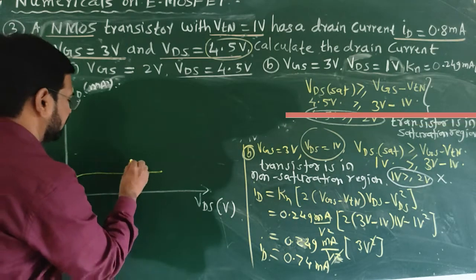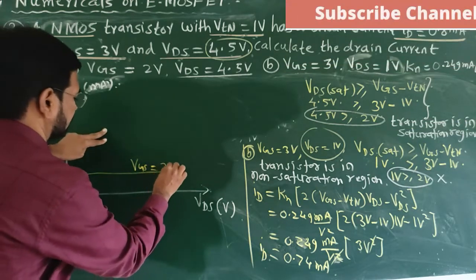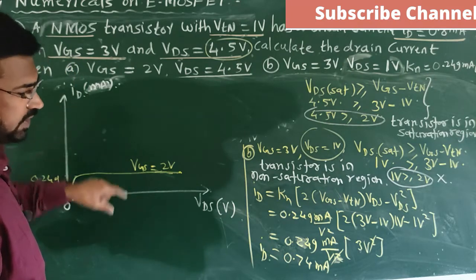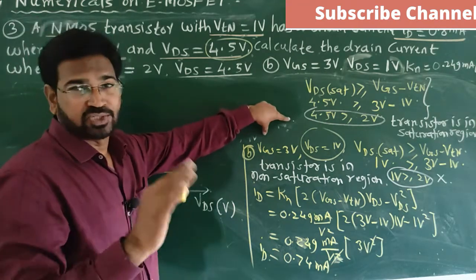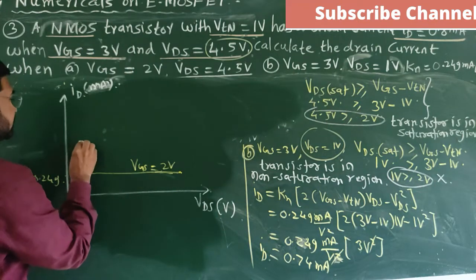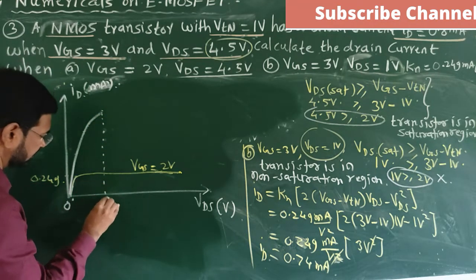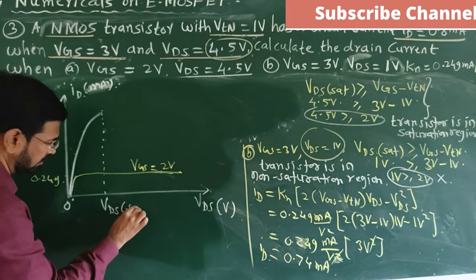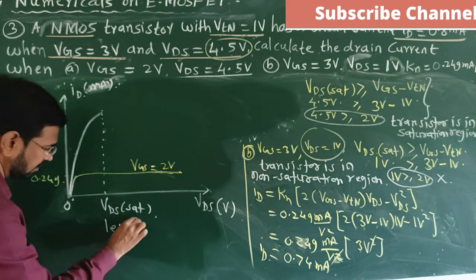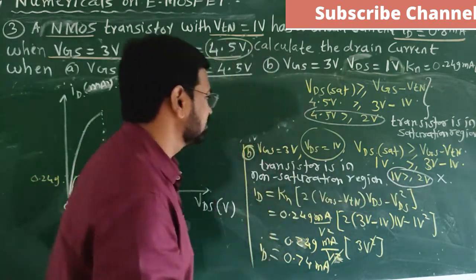What is VGS? VGS is 2 volt. See, this is the condition in saturation. Now, transistor is in non-saturation region because this voltage is less than VDS sat, which is less than 2 volt.